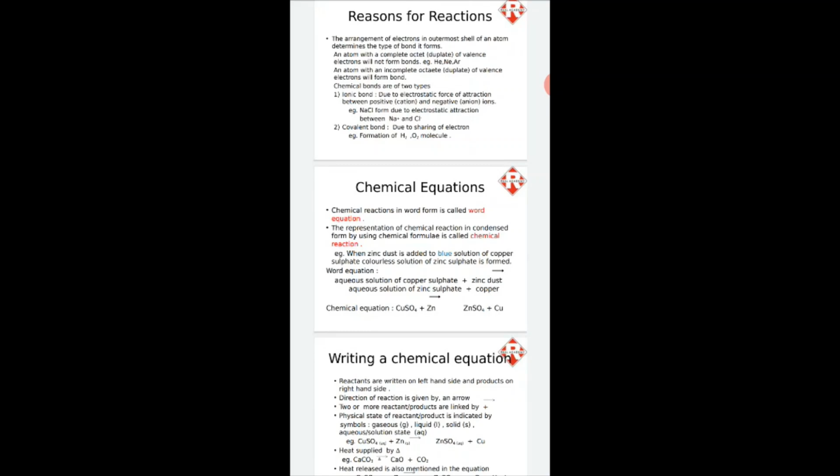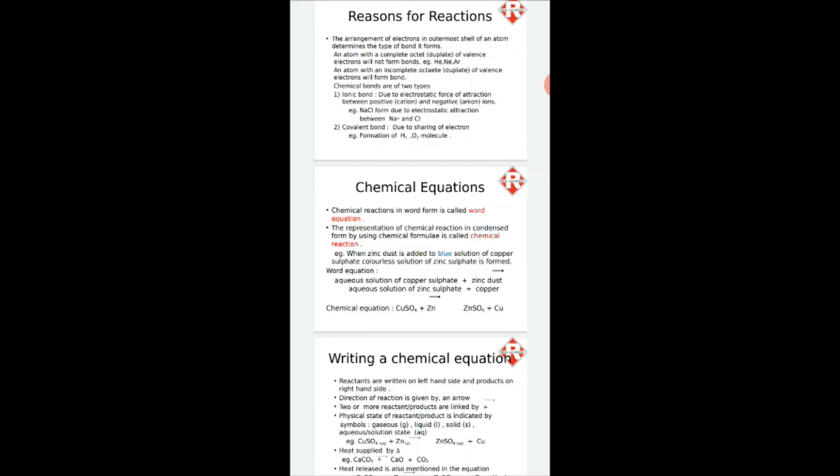To complete the octet state, it would require 7 electrons, but no other atom gives 7 electrons to sodium. So sodium has a tendency to easily donate 1 electron to another atom and form a positive ion. This is called a cation.